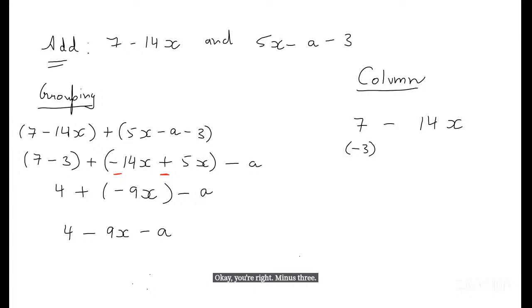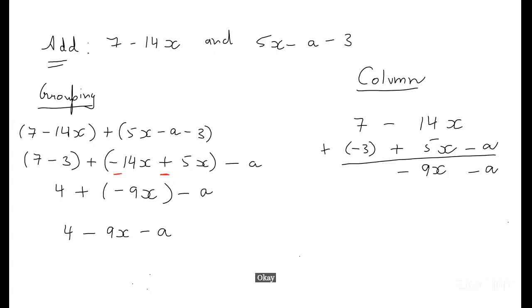Then plus 5x here, and then minus a as it is. Plus minus we have in 14x and 5x. Plus minus is minus 9x. Then 7 minus 3 is 4. So we have 4 minus 9x minus a.